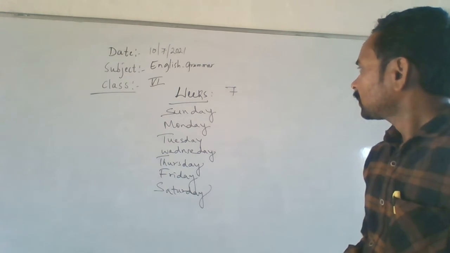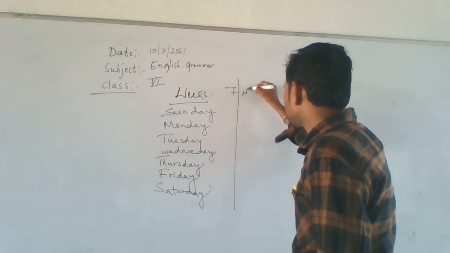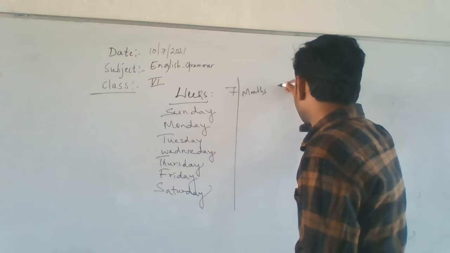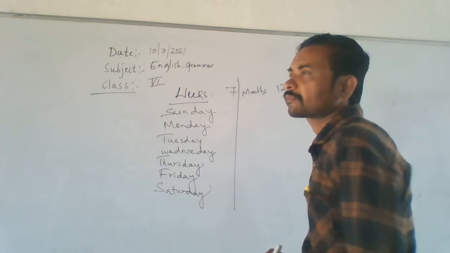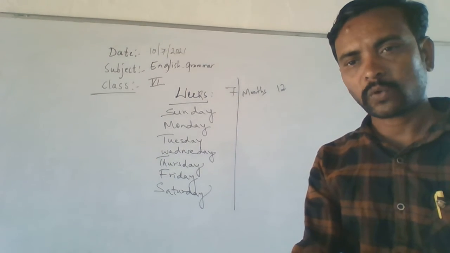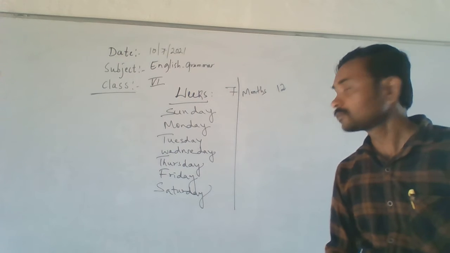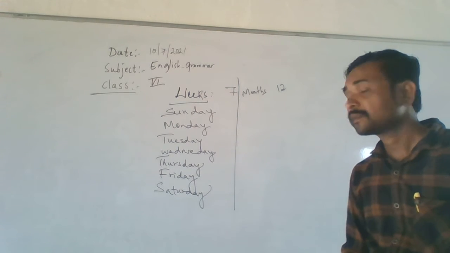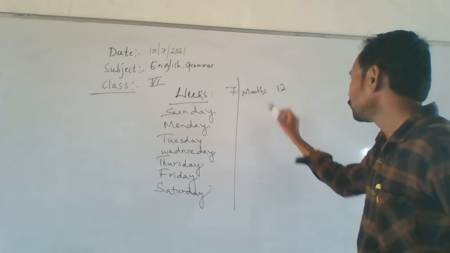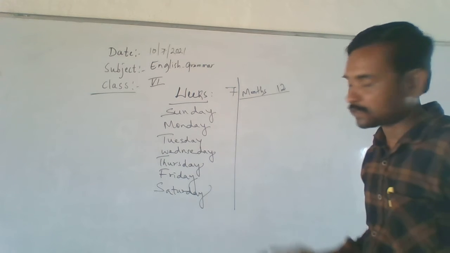Then you should write the months. Total how many months are there? 12 months. See that. Weeks are 7 days. Months are 12. Let's see what the 12 months are.